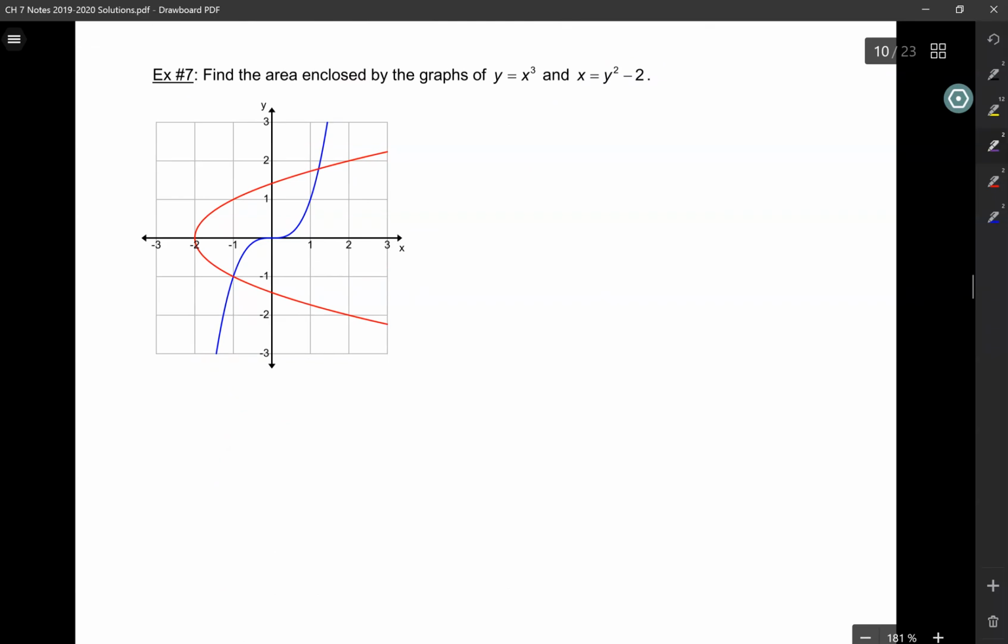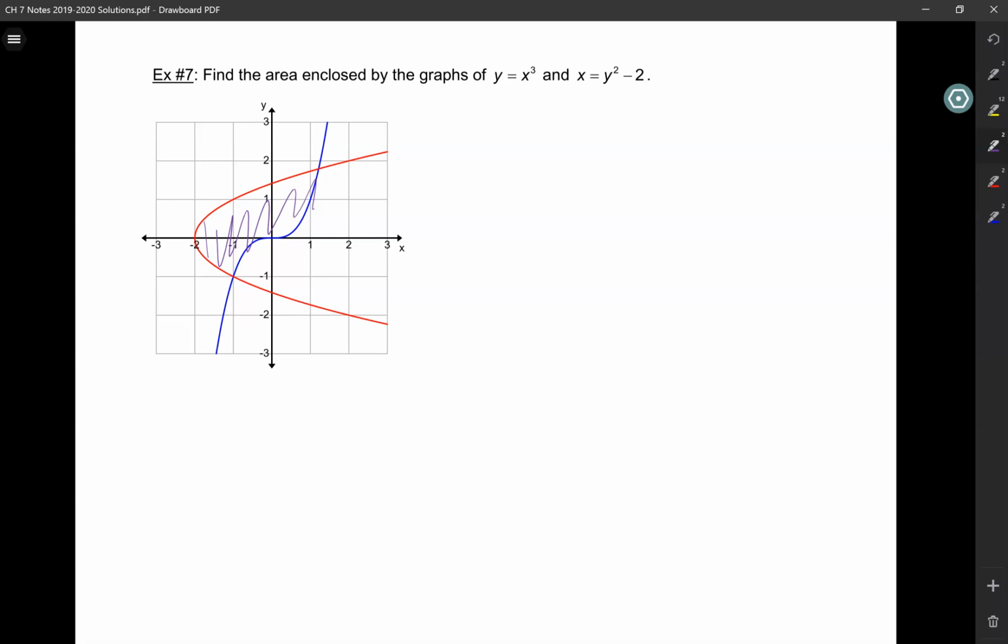All right, let's take a look at this one. Find the area enclosed by the graphs x cubed and y squared minus 2. So the region I want is this. If you were to go with respect to x, on top and bottom to the left you have different graphs, different boundaries, and then here you have different boundaries.